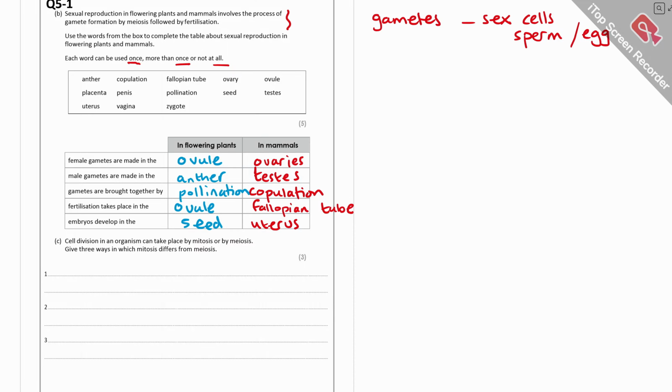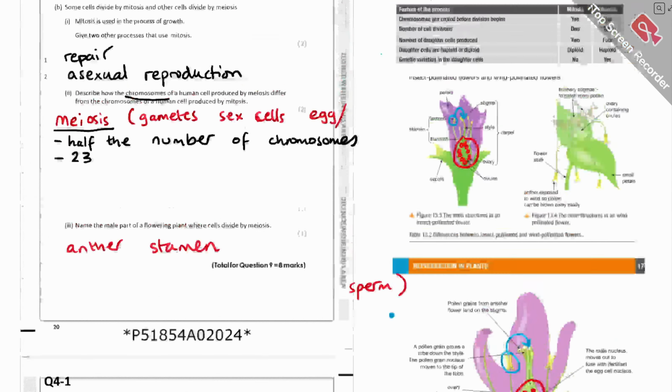Right. Cell division in an organism can take place by mitosis or meiosis. Give 3 ways in which they are different.